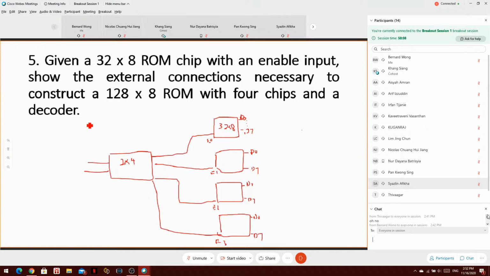Then of course you need to have your A0 until A4, and each line goes here.